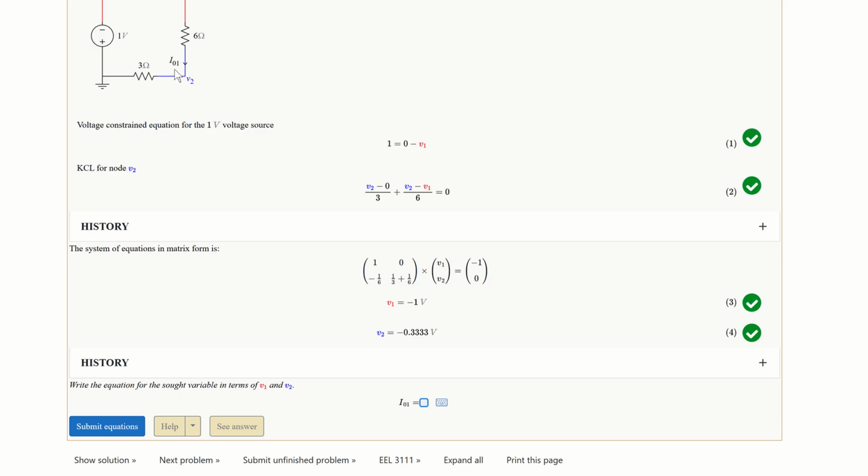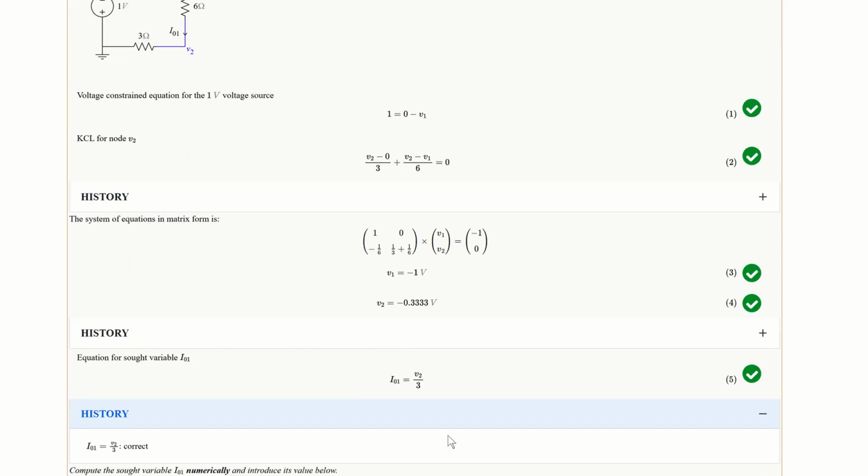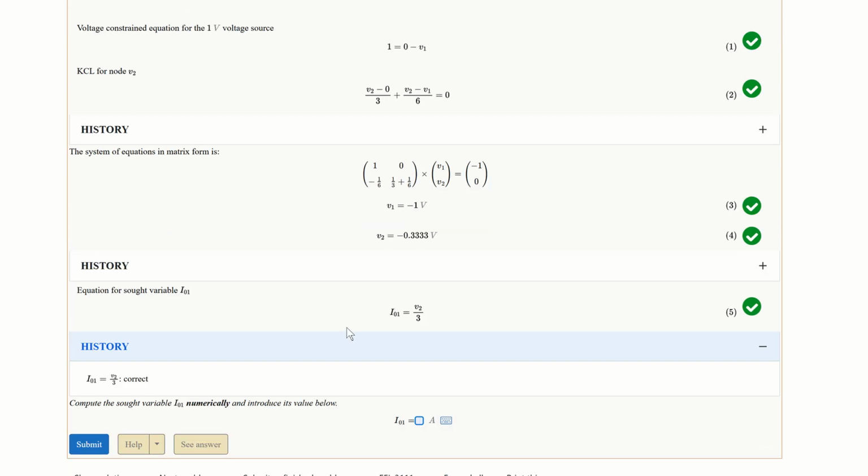We notice here I01 is going into this resistor right here. So we can do V over R. Go ahead and put those numerically in there.